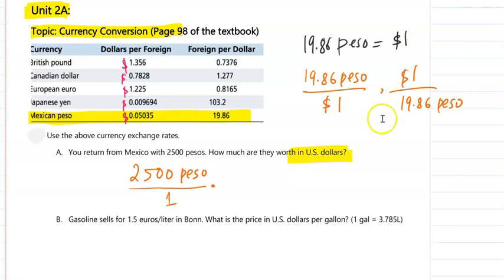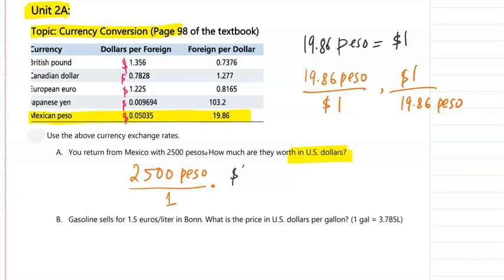If you are changing from peso to dollar, you multiply by the fraction that has peso in the bottom, so they cancel bottom and top.